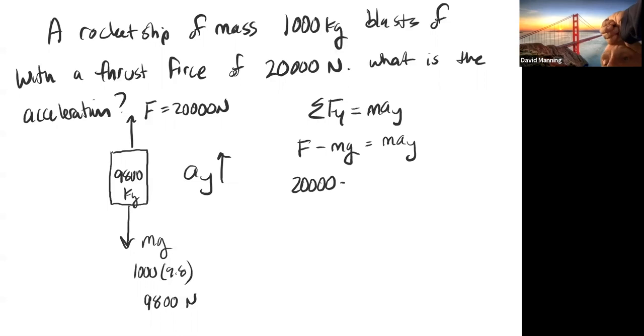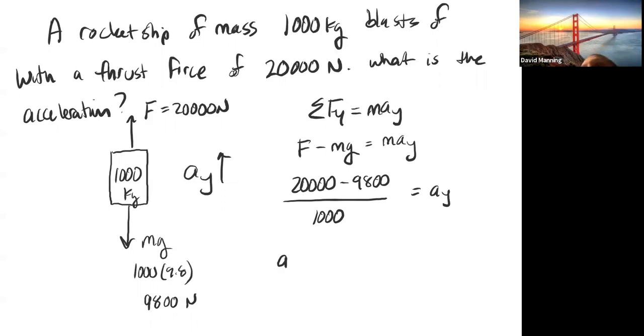20,000 minus 9,800 divided by... No, I screwed that up. The mass is 1,000. Sorry about that. Divided by 1,000 equals AY.